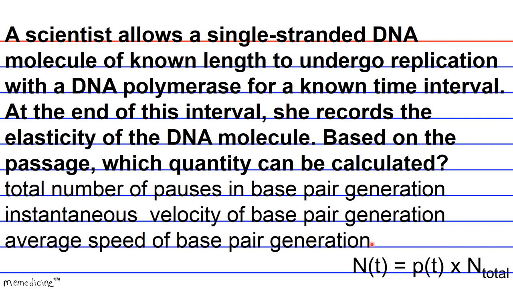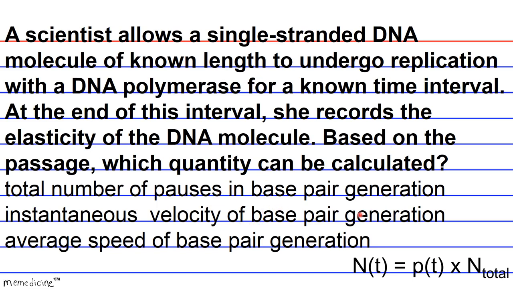If you also refer to figure 2, the graph. So based on the time interval and the distance traveled, we can calculate the average speed or average velocity, but we're going to eliminate instantaneous velocity. And total number of pauses, there's no mention of that, and we can't infer that based on the information that we're given.